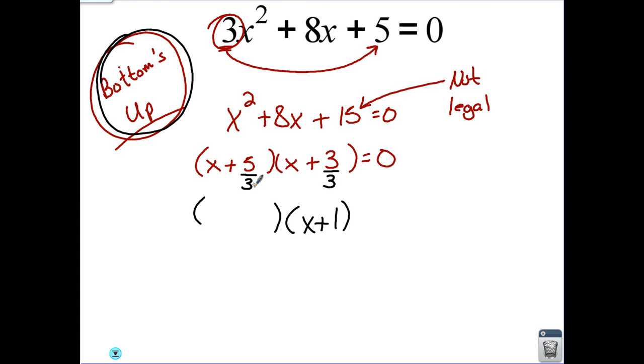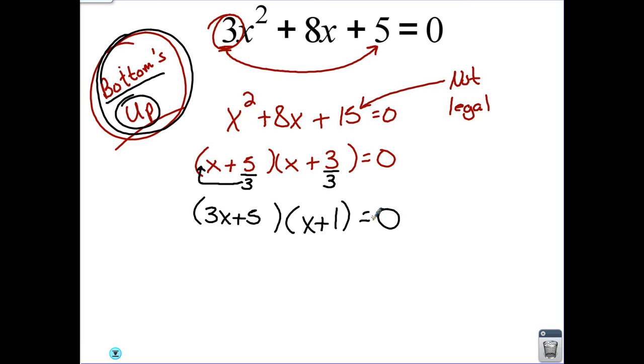After you reduce, after you divide, if there's still a fraction there, you move the bottom. Where do you think you're going to move it? Up. That's the reason it's called bottoms up. If there's anything left on the bottom, move it up front. 3x plus 5. It's factored.